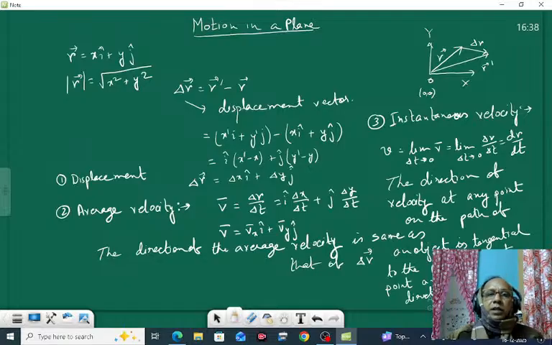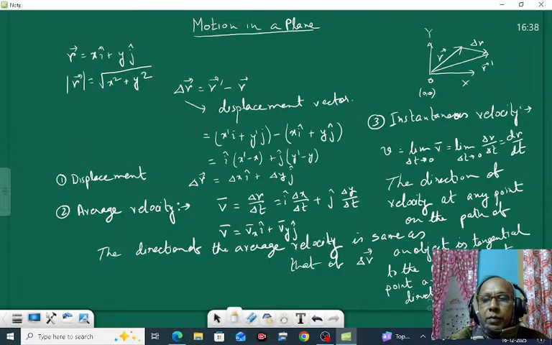This is known as instantaneous velocity. So you have to remember all these factors, that is, what is displacement, average velocity, instantaneous velocity, that is dr by dt. And we find that the direction of velocity at any point on the path of an object is tangential to that point and is in the direction of motion.